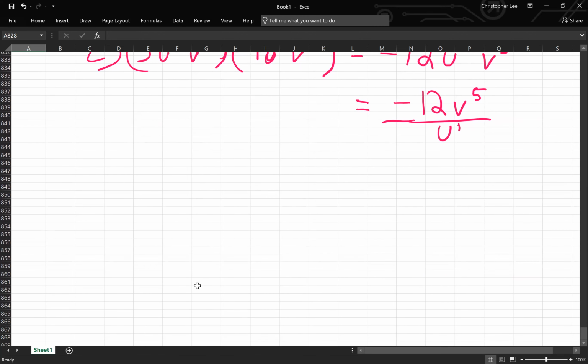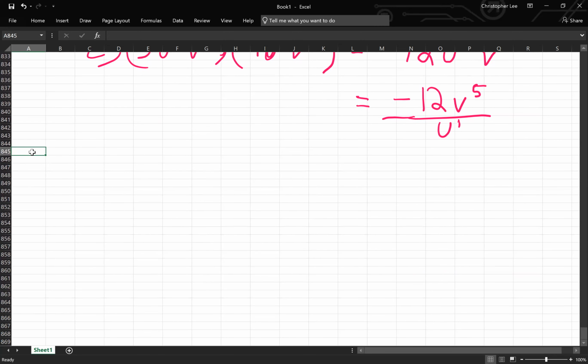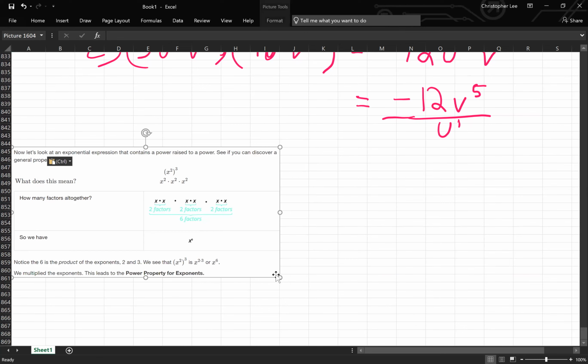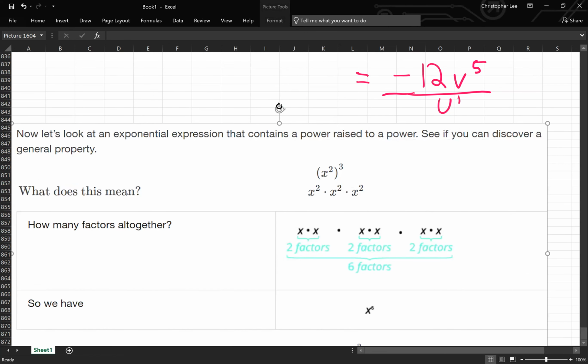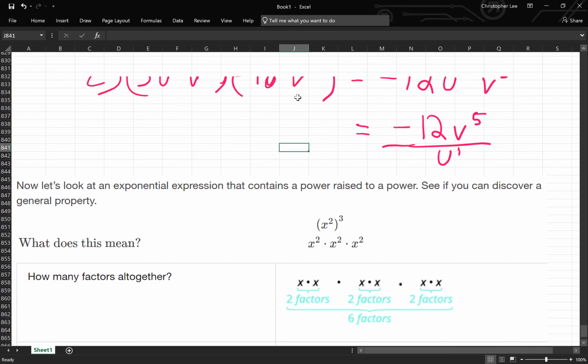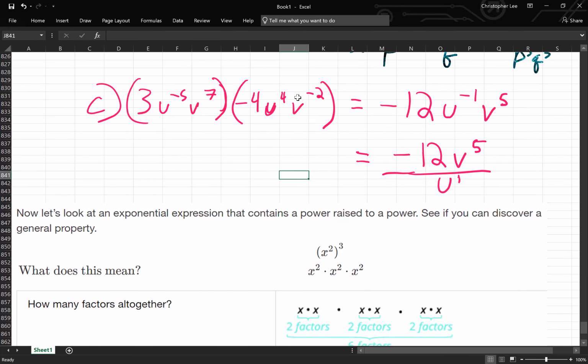But wait, there's more. So now let's look at an exponential expression that contains a power raised to a power. There's a whole other game right now. See if you can discover a general property.